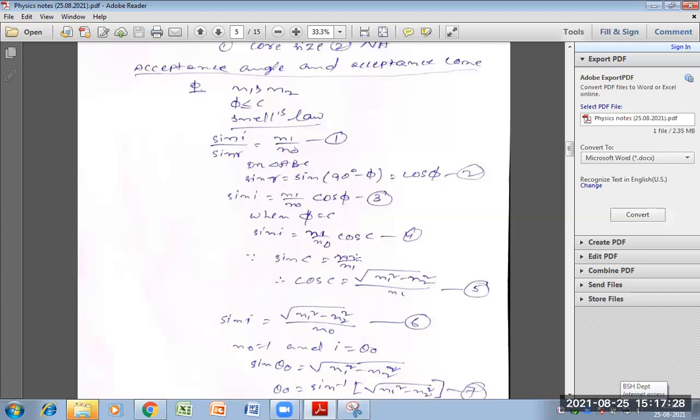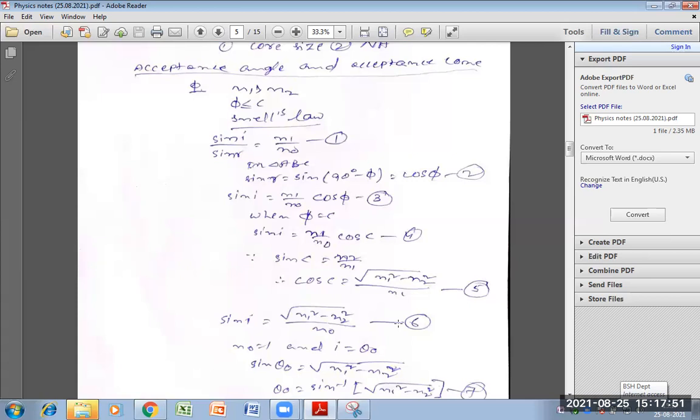Therefore, cos C is equal to root under N1 square minus N2 square divided by N1.